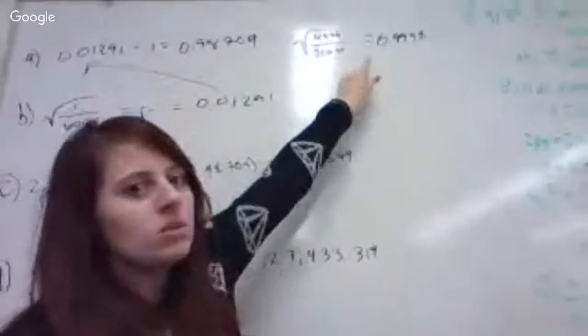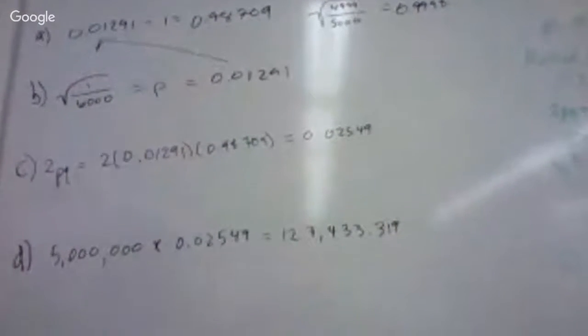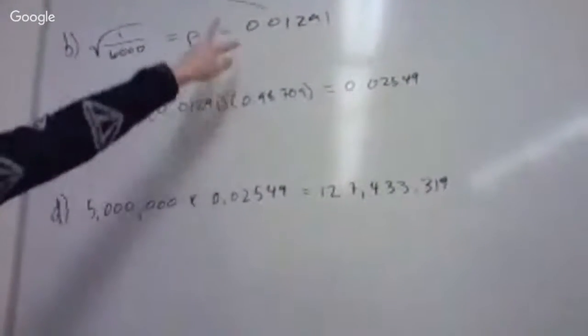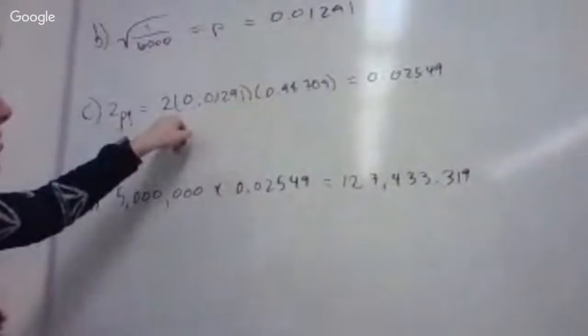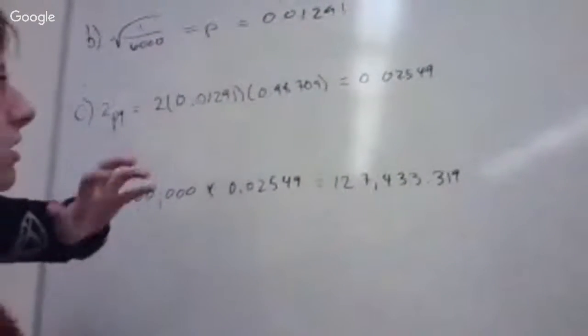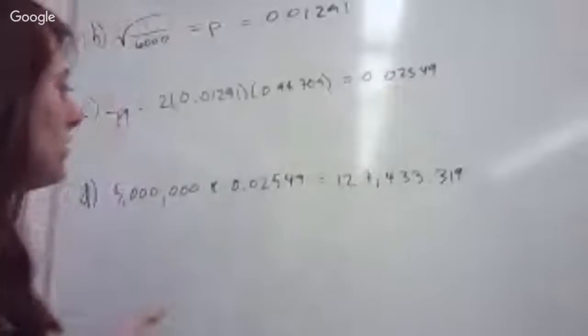You'll get a different number, so my numbers are going to look a little bit different than yours if that's the way you did it. So I took those 2 values that I got up here, and I multiplied them together, also times 2, to get the heterozygous number, which is 0.02549.